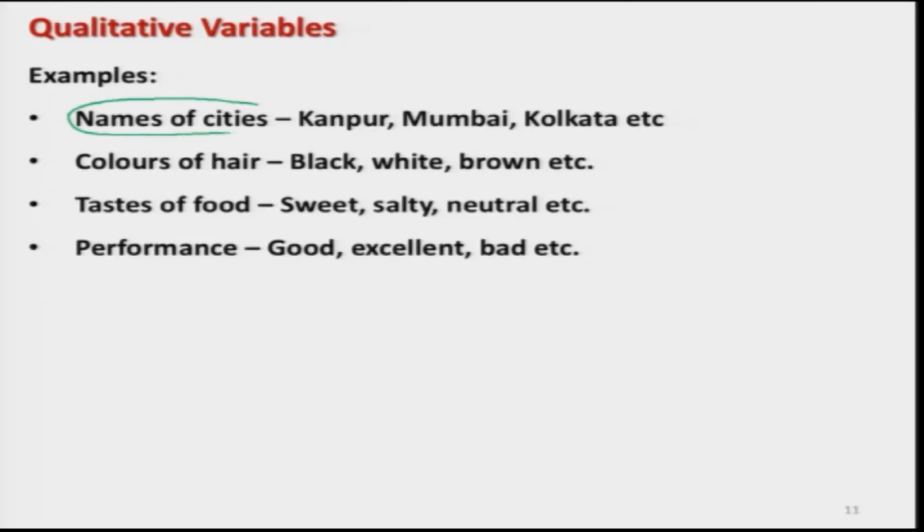So, let me take some examples and try to explain it to you. Suppose I want to collect data on the names of cities in India. I will define my variable as x, and this variable will take different values, for example Kanpur, Mumbai, Kolkata, Delhi and so on.